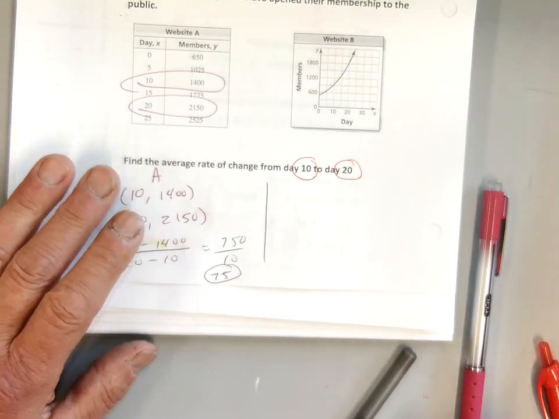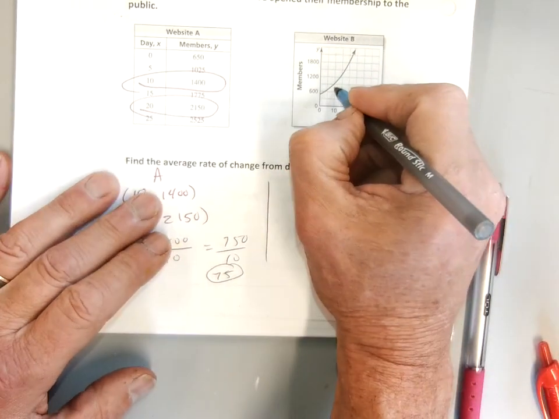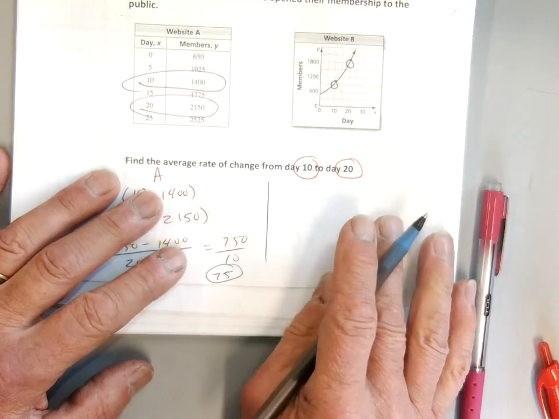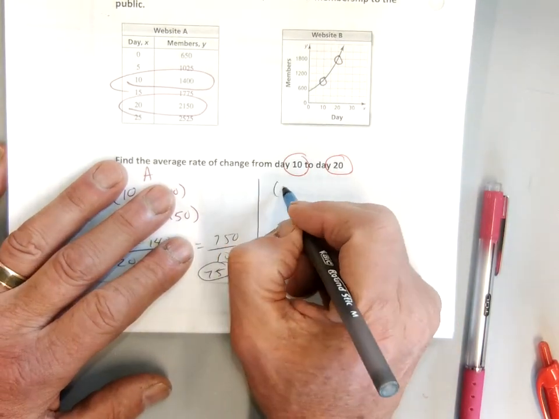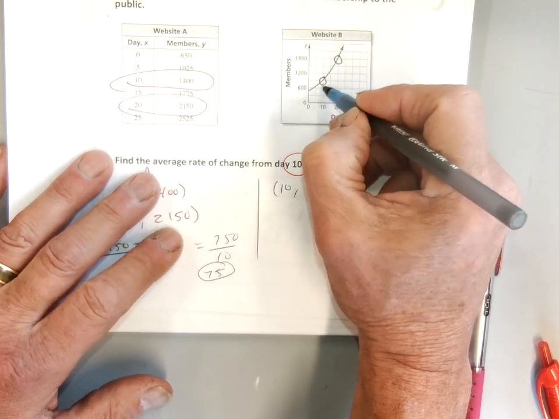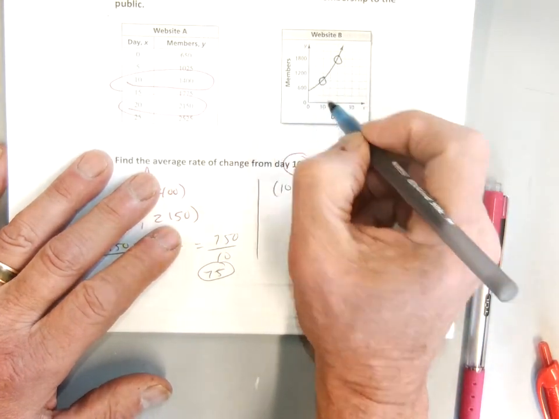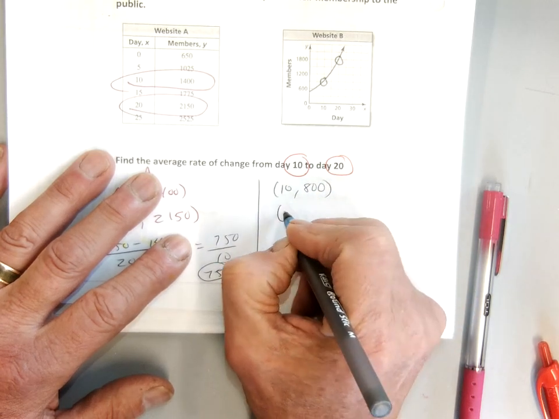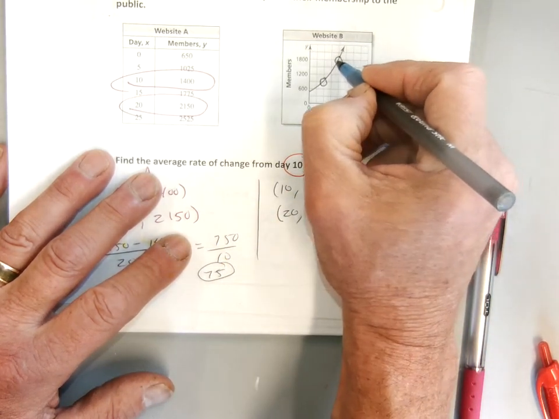Let's check out the other one. Now, day 10. I'm going to have to use my chart. Day 10 is there, and day 20 is there. So day 10 looks like we're at about 800, and day 20 looks like we're at about 1800.